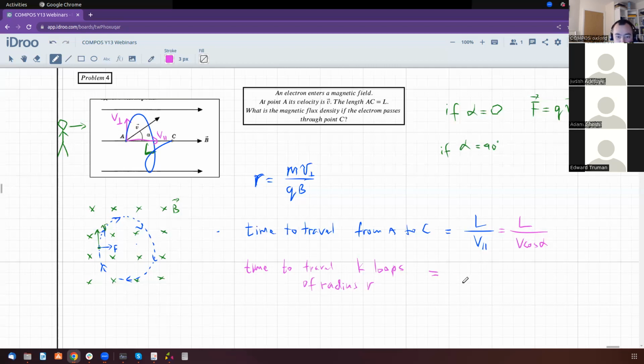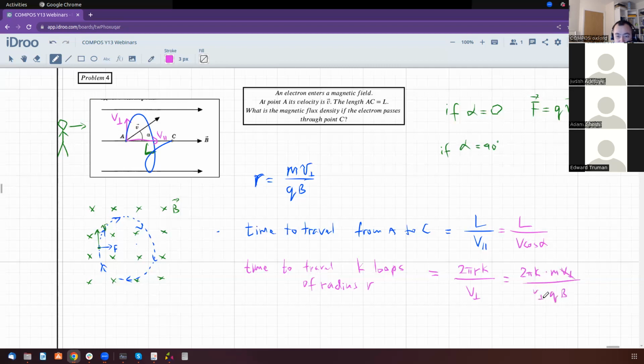Well, we know that the distance you need to travel is 2 pi r k, and the speed you're traveling with is v perpendicular. So it's 2 pi k multiplied by r, and the r is m v perpendicular divided by v perpendicular qB.